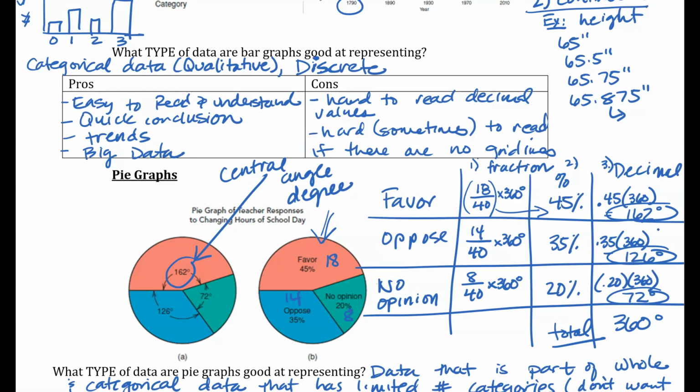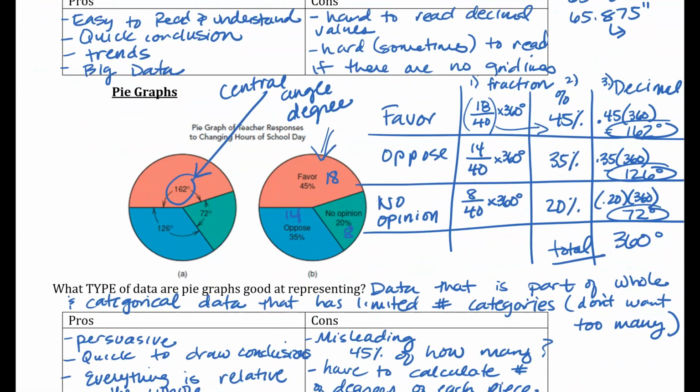Well, if you had a protractor, you could draw a circle, and you could use the protractor to figure out how big of a section you would need for each one of these categories. So that's how you would draw a pie chart if you didn't have software. And this is important for elementary school teaching, because we have kids do this in elementary school, likely around 4th and 5th grade, where they start to really use a protractor a little bit more.